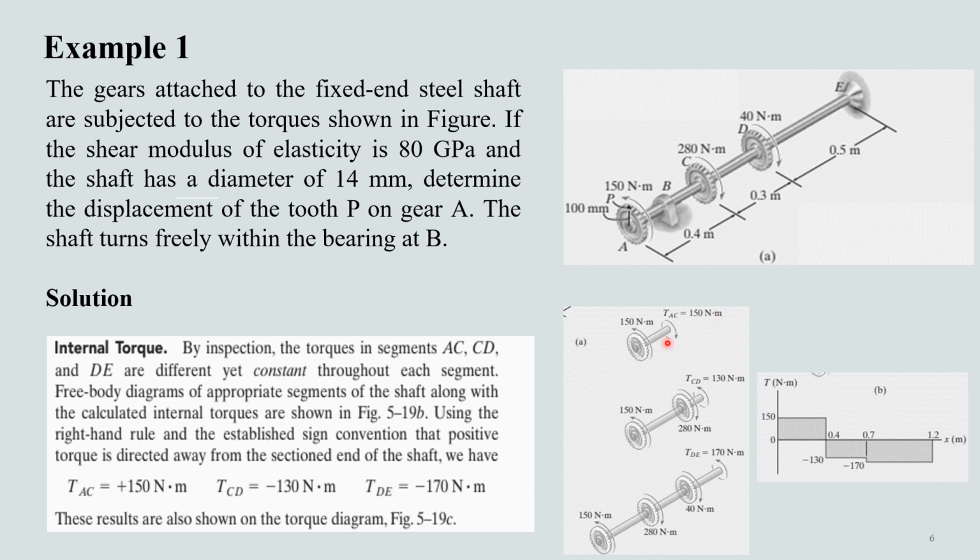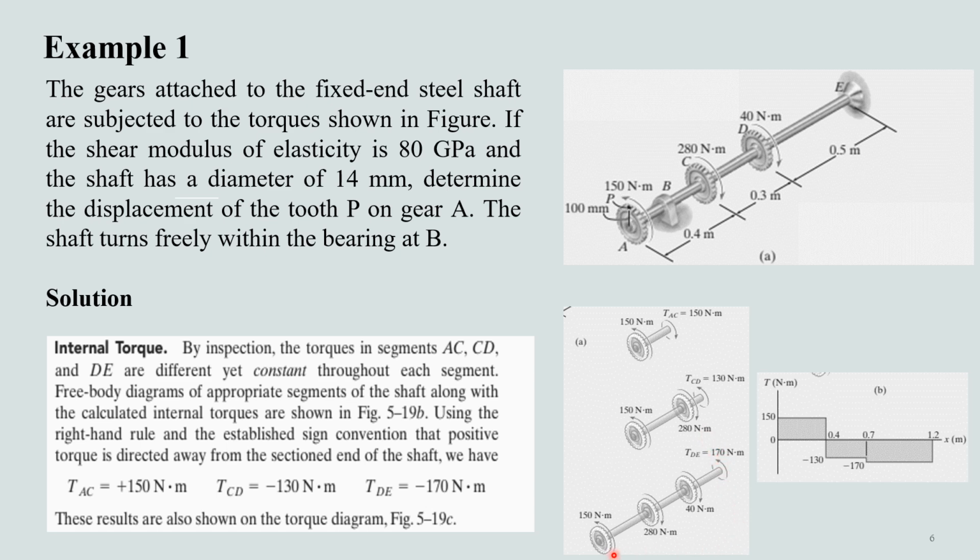In the segment CD, the torque is 130 Newton meter, or it will be minus 130 Newton meter actually, because it is anti-clockwise.